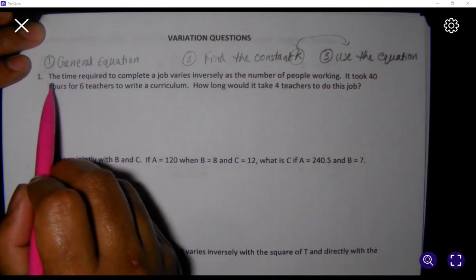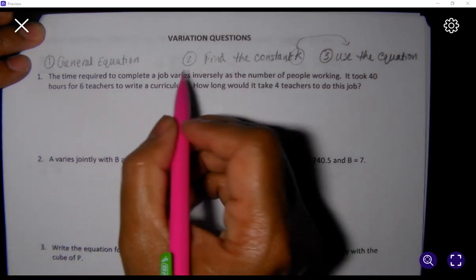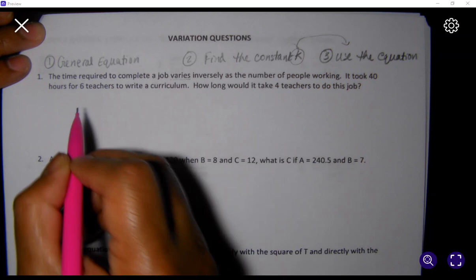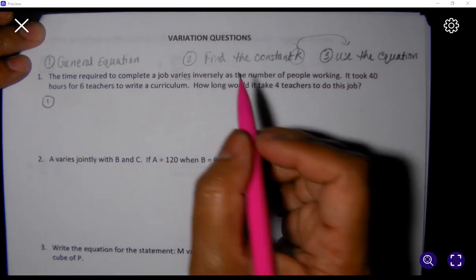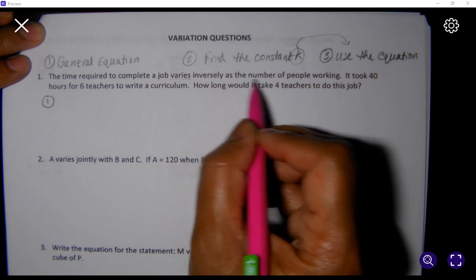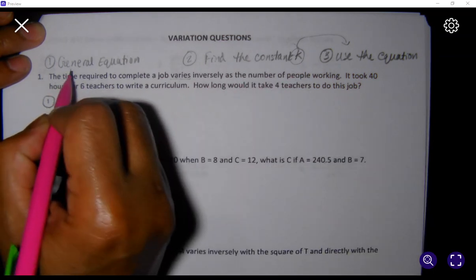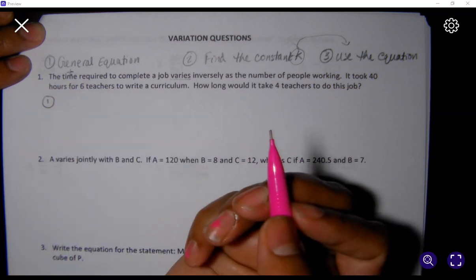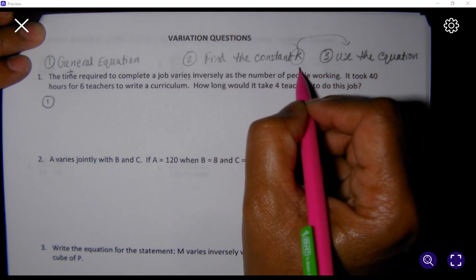So it says here, the time required to complete a job varies. For varies, we always write equals k, and then inversely as the number of people working. So for time, I'm just going to use the variable t, and for the number of people working, I'm going to use p.